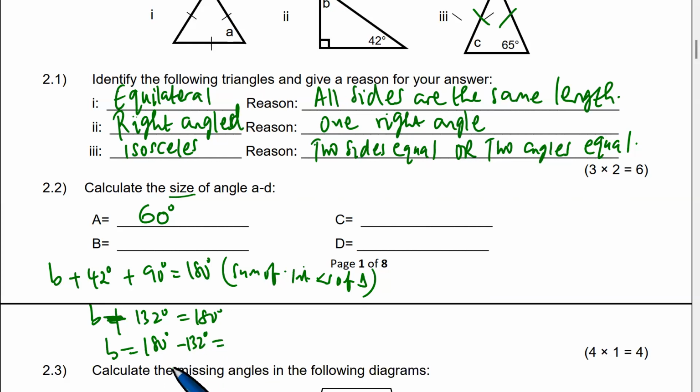What is 180 minus 132? 48. 48 degrees. All right, so that's noted, 48 degrees. So in other words, B is 48 degrees. Well done.